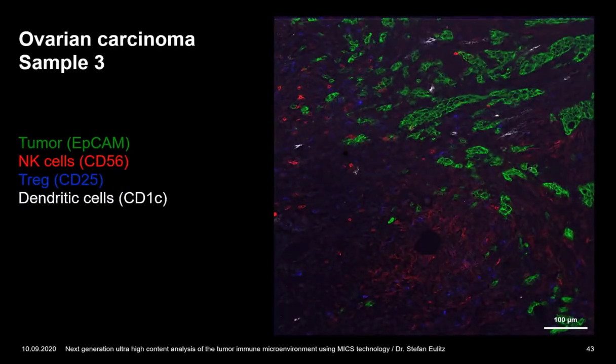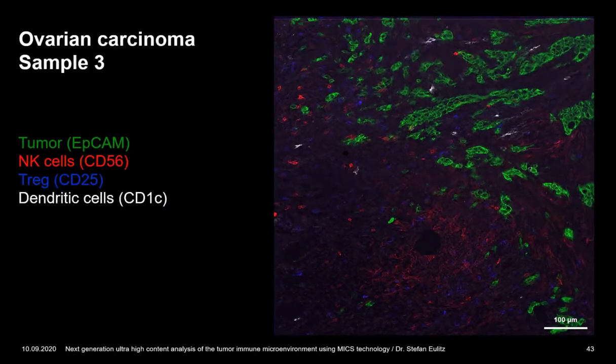So here in this example, we see some other cell types. The tumor microenvironment is not only consisting of T cells and myeloid cells, but we can also see some natural killer cells shown by the CD56 signal in red, and also some CD4 positive regulatory T cells, which are here shown with the signal of CD25 in blue.